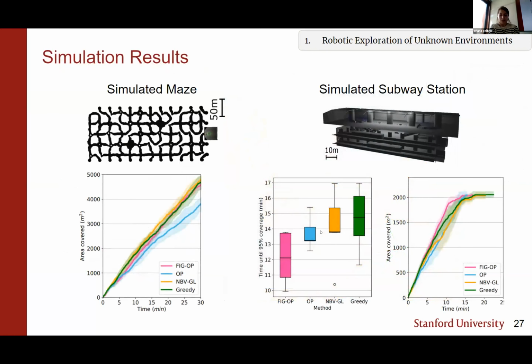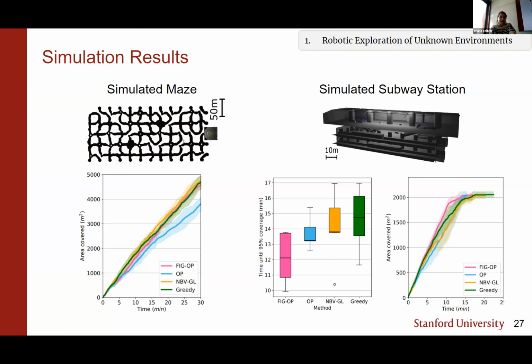We compared our FIG-OP front-loading information gain approach to next best view, which is a one-step look-ahead method, orienteering, and 3D solutions. We made these tests by running the autonomy stack in simulated environments.